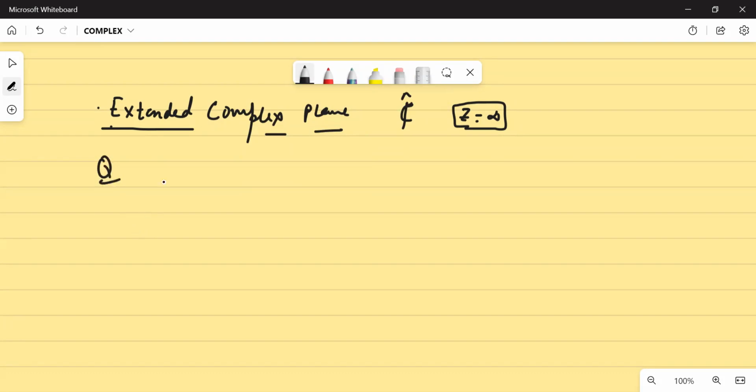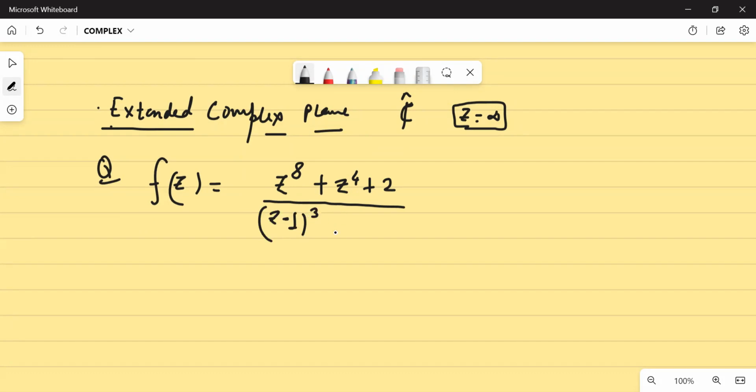So what do you think about this particular function? f(z) is equal to (z^8 + z^4 + 2) divided by (z minus 1)^3 times (3z plus 2)^2. We have to find the nature of the singularities.